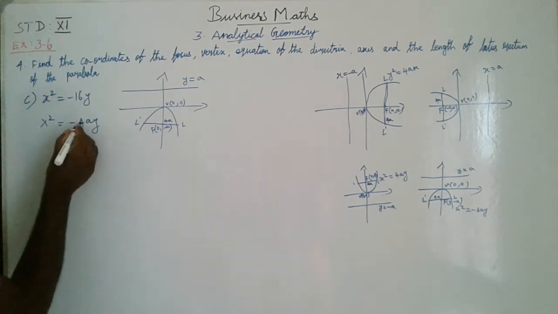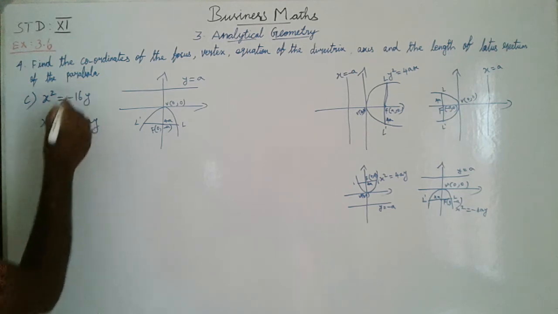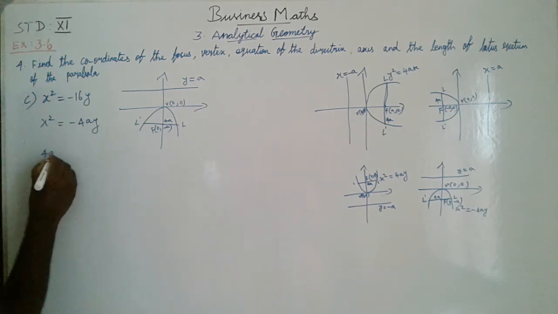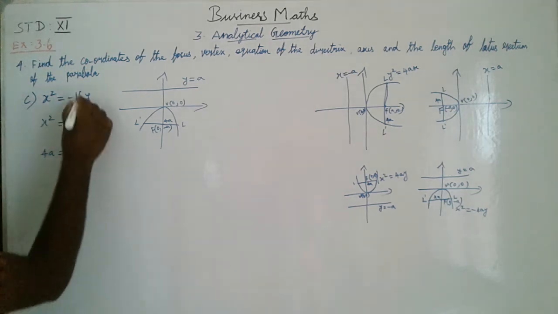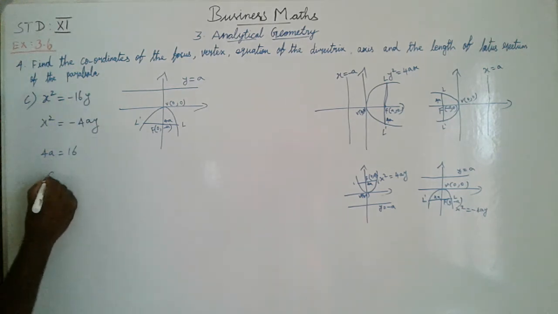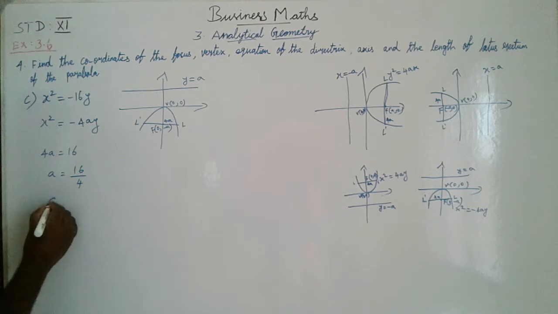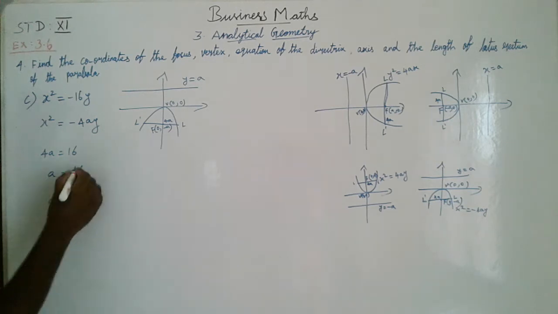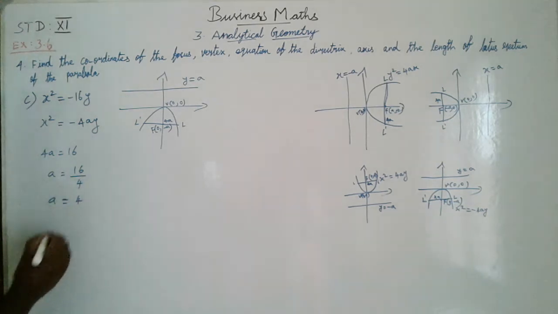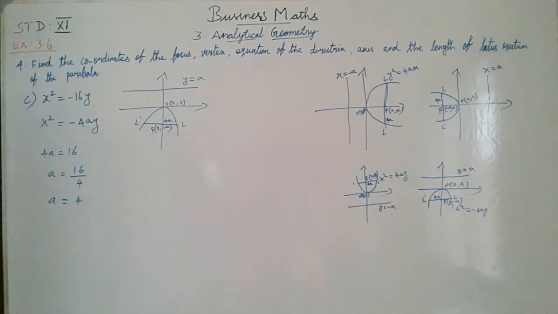Compare x square equal to minus 4ay with 16: 4a equal to 16, so a equal to 16 divided by 4, and the a value is 4. First, we find the focus.